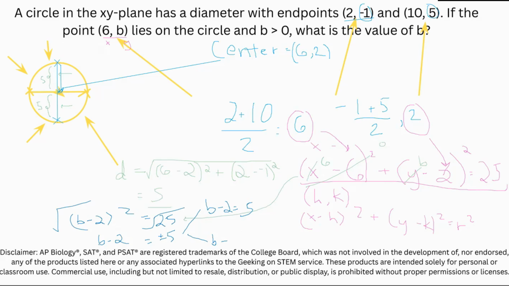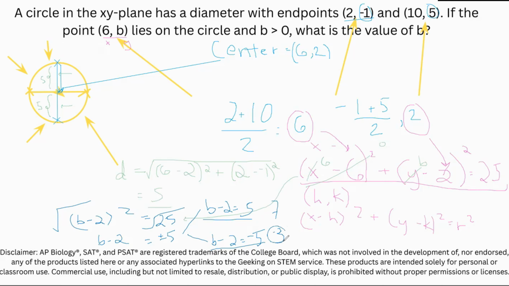So you have b minus 2 equals positive 5 and b minus 2 is equal to negative 5. You go ahead and solve, and you will get the values of 7 and negative 3.